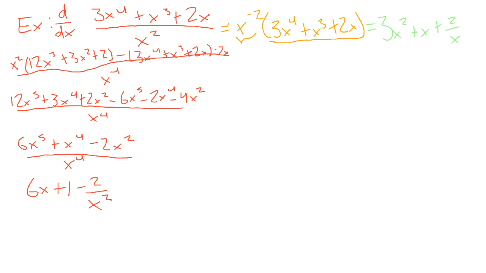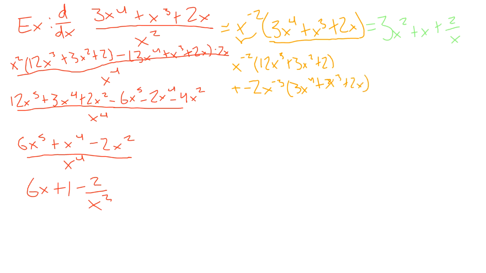So we have our f, x to the negative 2, times the derivative of our g, which is 12x cubed plus 3x squared plus 2, plus we're going to get a negative 2x to the negative 3 for the derivative, times 3x to the 4th plus x cubed plus 2x.